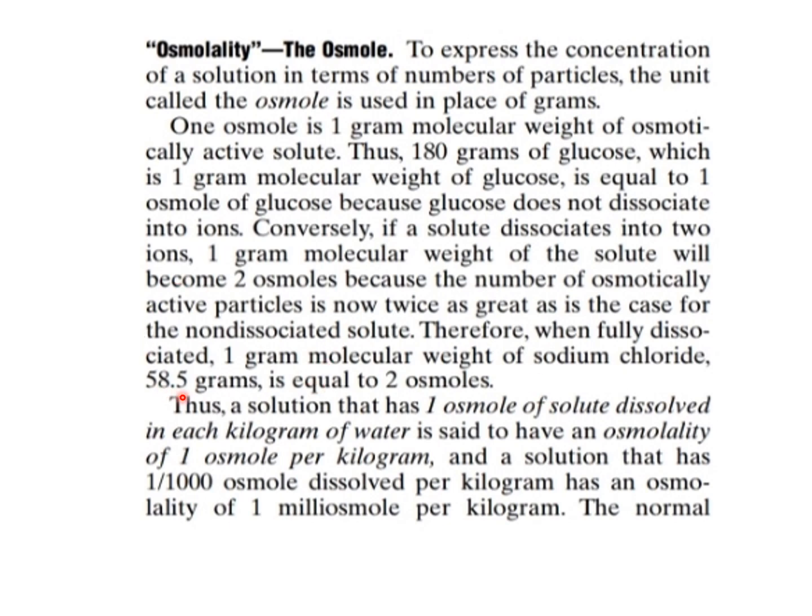Similarly, if we express it in 1 millimole, then it will become 58.5 milligrams. So 58.5 milligrams will be 2 milliosmoles of sodium chloride. So we actually express them in terms of osmoles per liter or osmoles per kilogram.